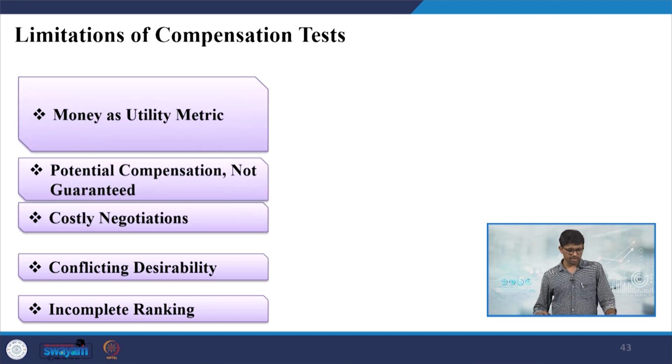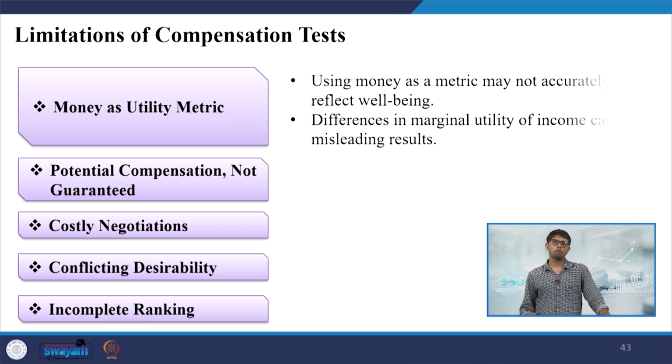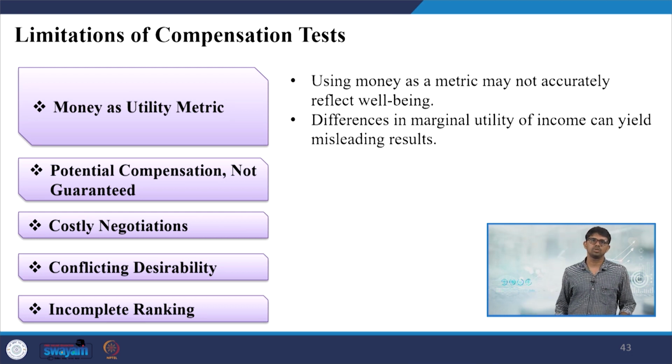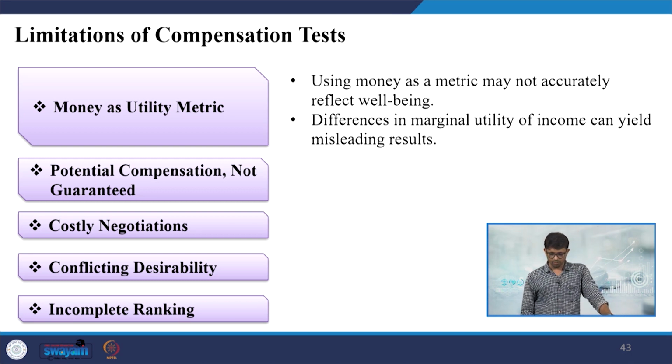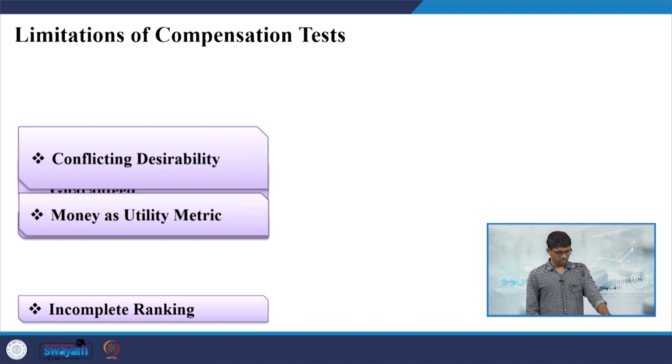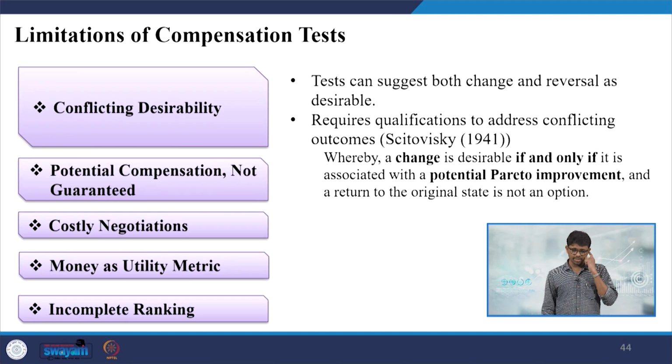The third one is related to money as a utility metric, where using money as a metric may not accurately reflect well-being, and the differences in marginal utility of income can yield misleading results so far as money as utility is concerned. The conflicting desirability related limitation of the compensation test is presented here. The test can suggest both a change and its reversal as desirable.